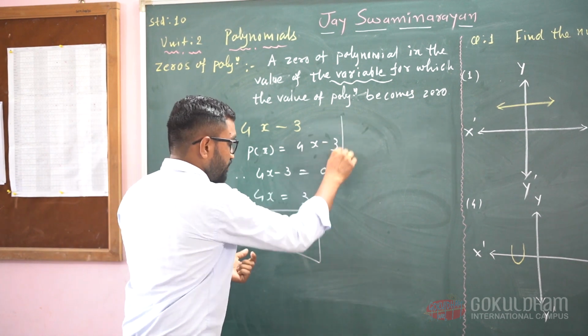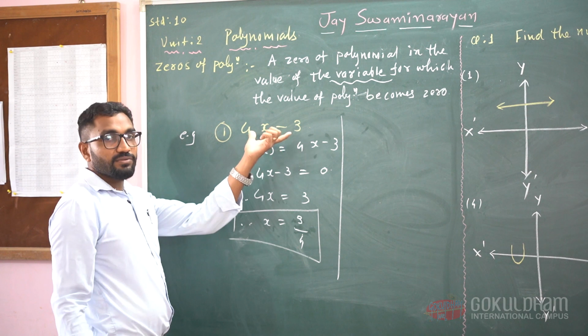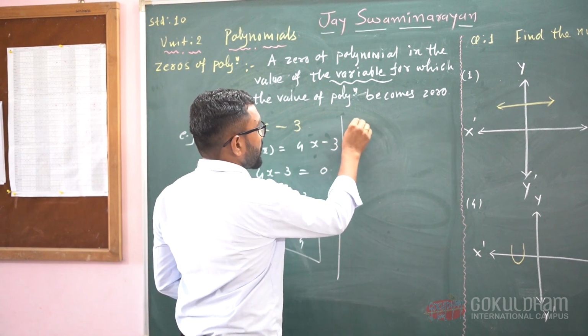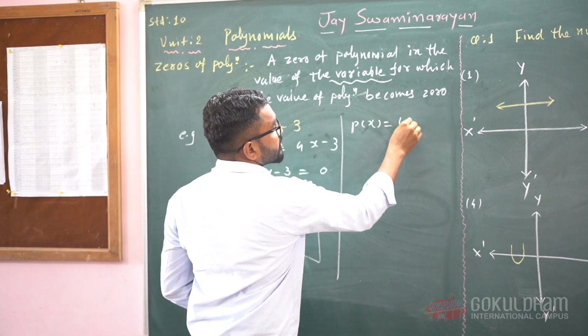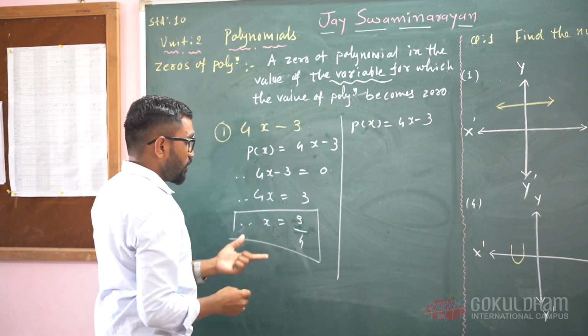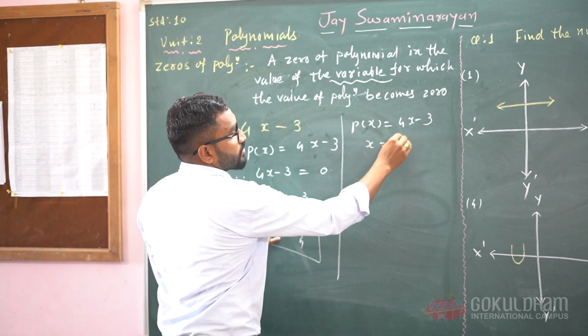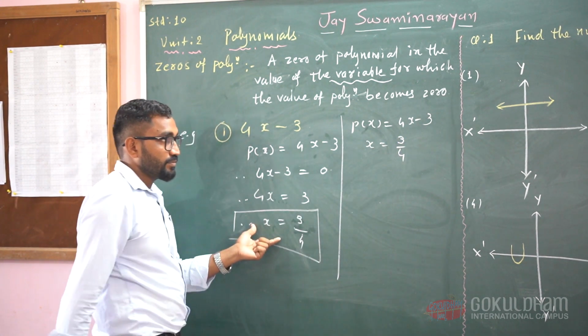Now put this value 3 by 4 in the given polynomial. p of x equal to 4x minus 3. Now put x equal to 3 by 4.